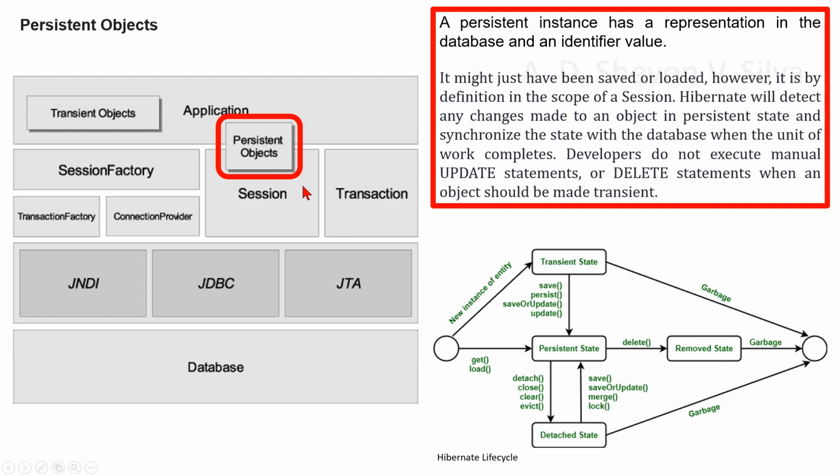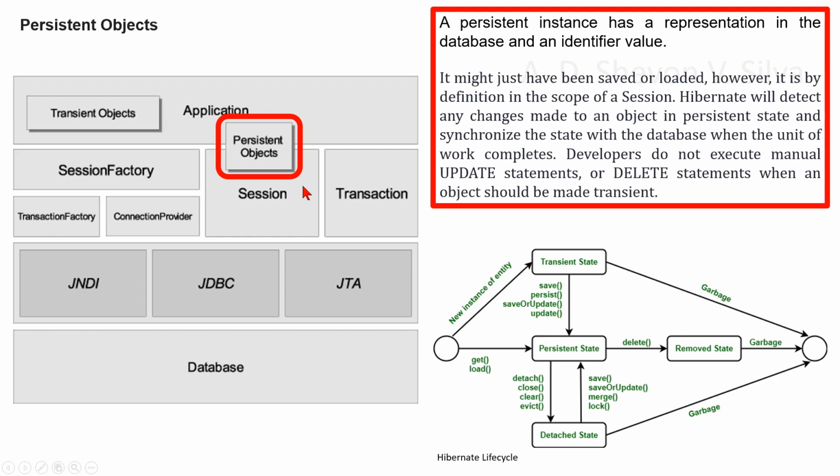A persistent instance has a representation in the database and an identifier value. It might just have been saved or loaded. However, it is by definition in the scope of a session.